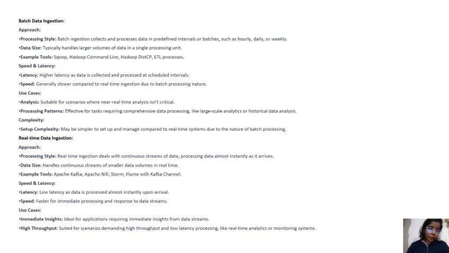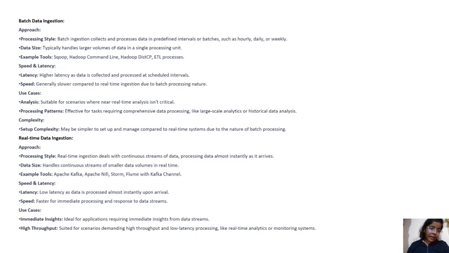For example, tools like Sqoop, the Hadoop command line, Hadoop DistCp, or ETL processes. Then speed and latency. When it comes to latency, it is high latency: data is collected and processed at scheduled intervals, and the speed is generally slower compared to real-time ingestion due to the batch processing nature.